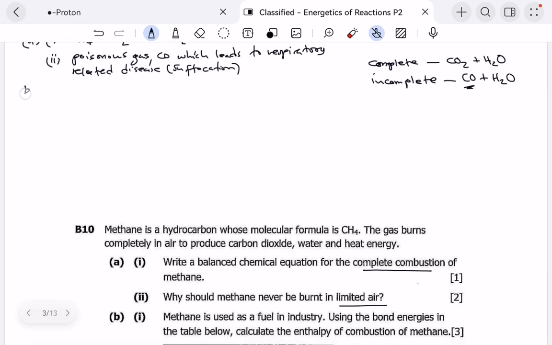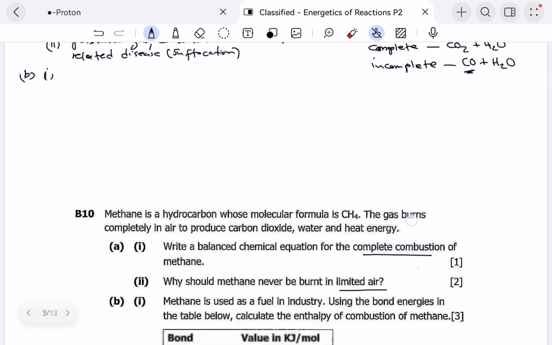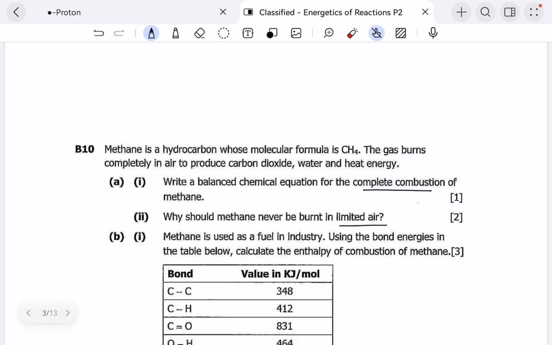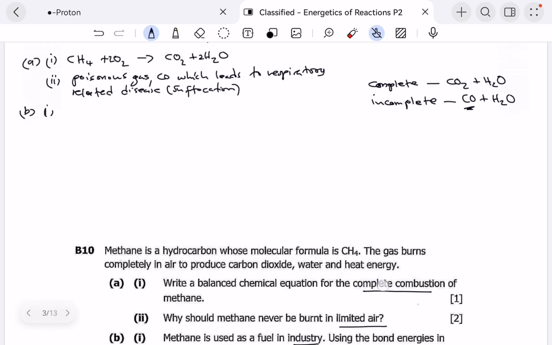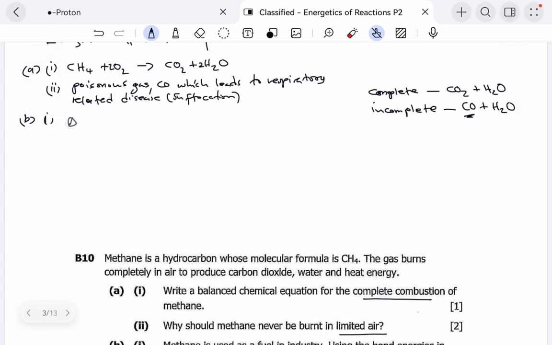Then B1. Methane is used as a fuel in industry. Using the bond energies given in the table, we're asked to calculate the enthalpy of combustion. When we break it down, the enthalpy is the enthalpy of reactants plus the enthalpy of products.